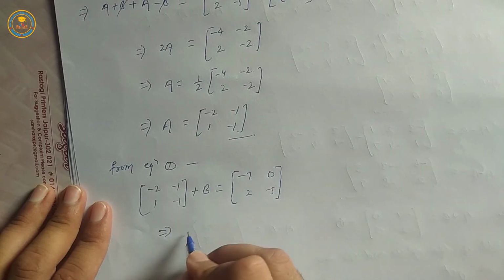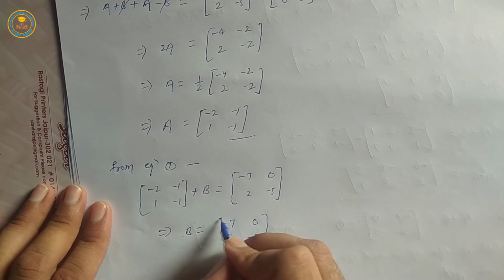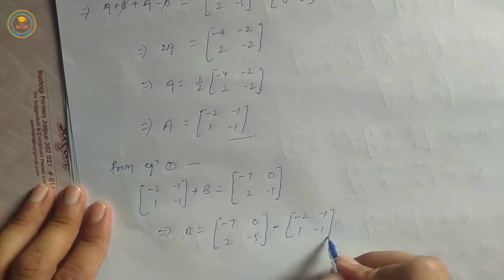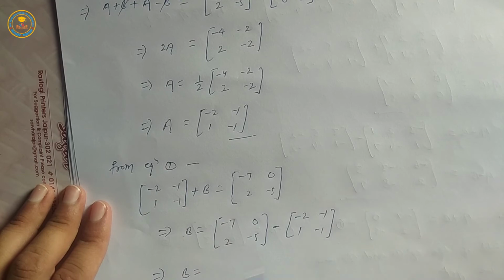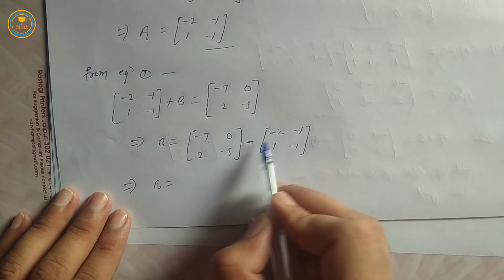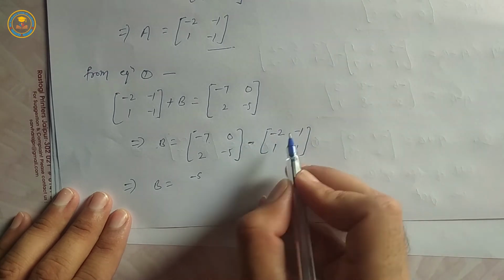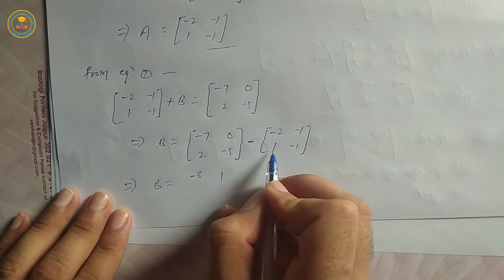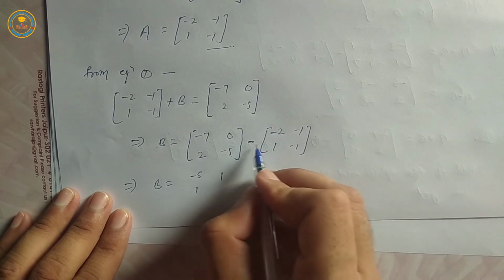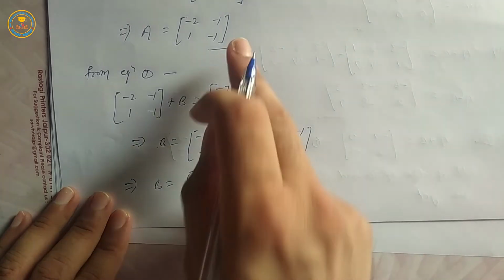Okay, implies B is equal to -7 0 2 -5 minus -2 -1 1 -1, implies B is equal to -7 plus 2 is -5, 0 plus 1 is 1, 2 minus 1 is 1, -5 plus 1 is -4. That is the answer, A and B.